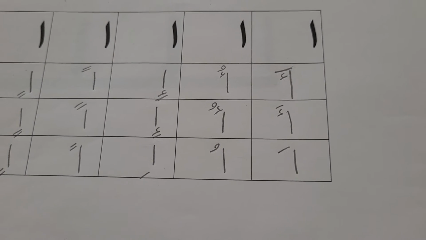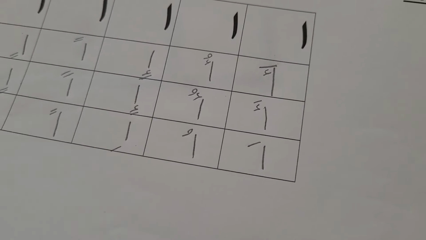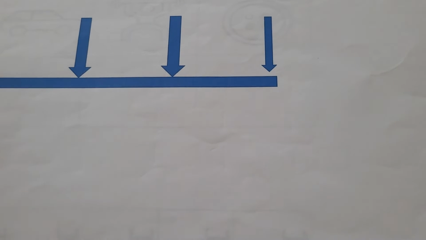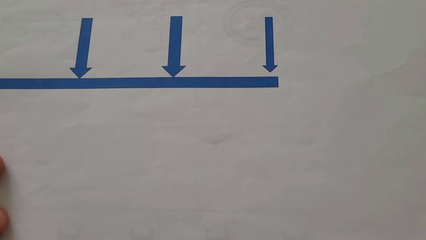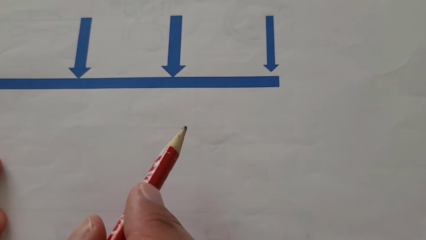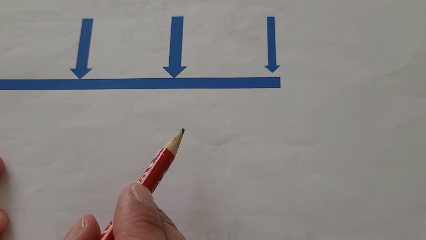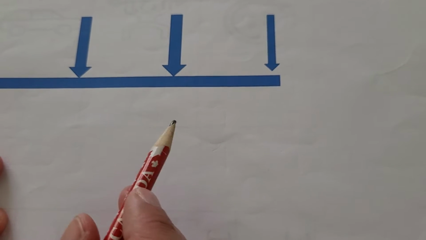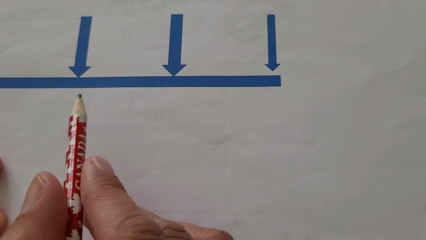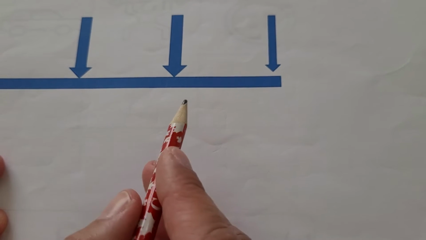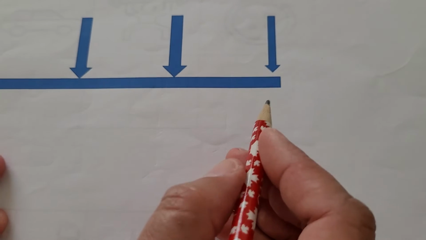Thank you. This was the first part of the lesson. Now we want to learn the second letters after alif. There are three similar shapes, but they have different dots.